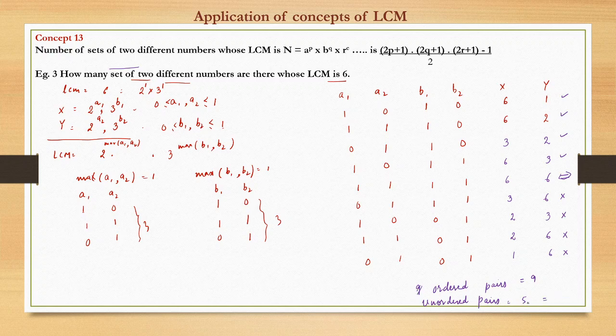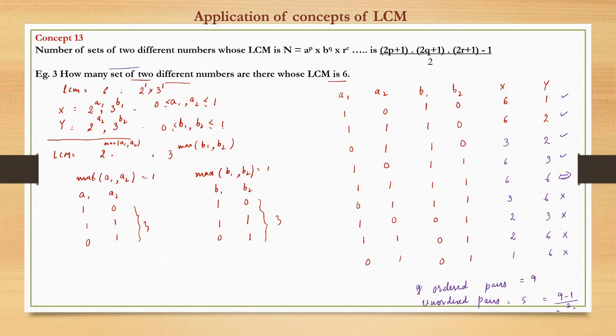We can arrive at this otherwise. We know there is one case which is not repeating. 6 comma 6 is just appearing once in this, right? Pairwise, 6 comma 6 appearing once. So that is why we do total ordered pairs minus 1, divided by 2.